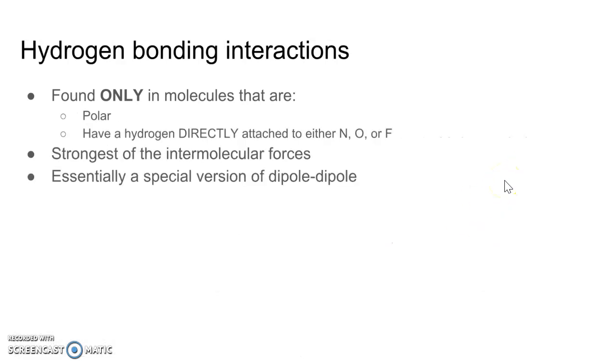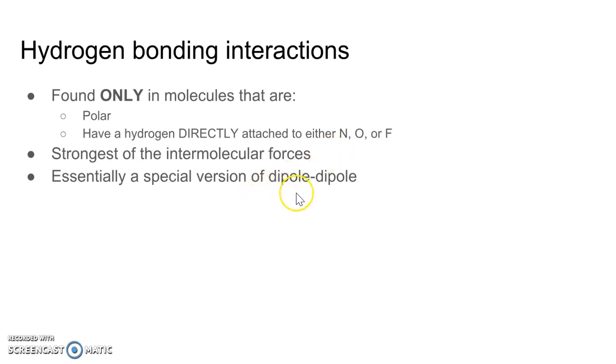Okay, now this is the biggest one and the most important one to really understand. So, hydrogen bonding interactions. Hydrogen bonds are found only in molecules that must be polar, and they must have a hydrogen directly attached to either a nitrogen, an oxygen, or fluorine. It's the strongest out of the three, and it's essentially just a special version of dipole-dipole.